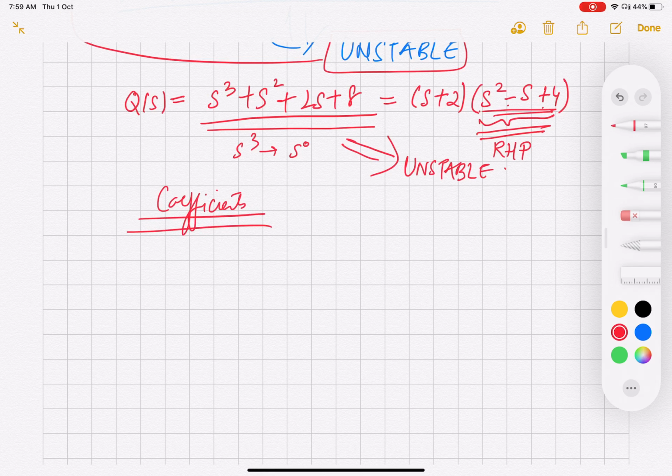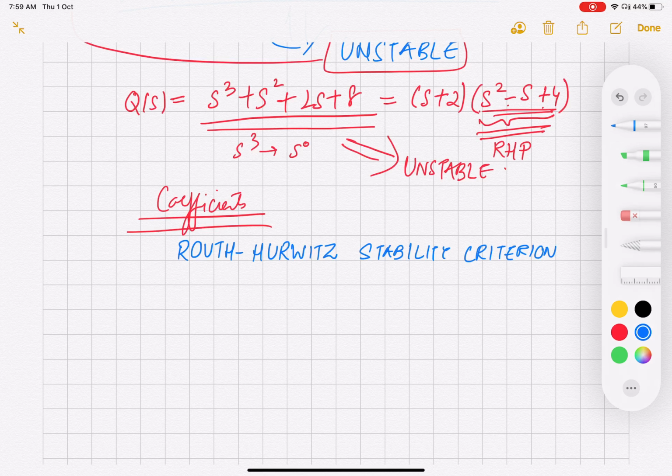And there is an important test that helps us do this more easily, and that test is called the Routh-Hurwitz stability criteria.